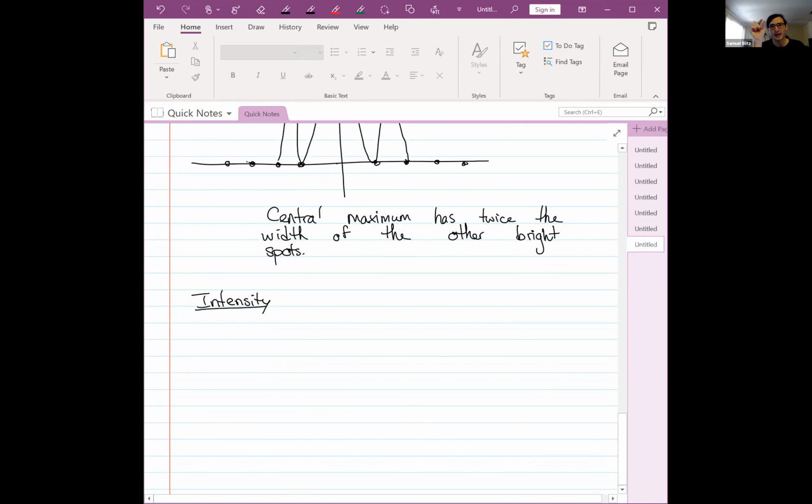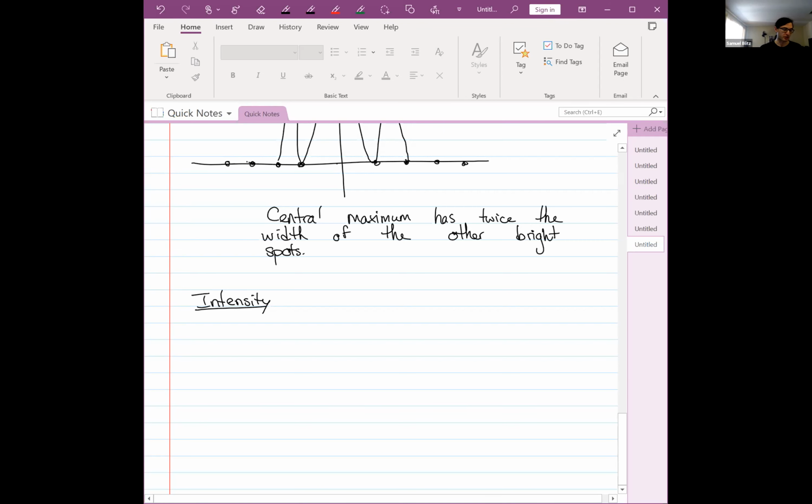We added up 4 wave functions that all had a path length difference between each of them, like d sine theta. We added up all of those. Here, you would add up an infinite number of waves, each of which are an infinitesimal distance away, and then you basically do an integral.